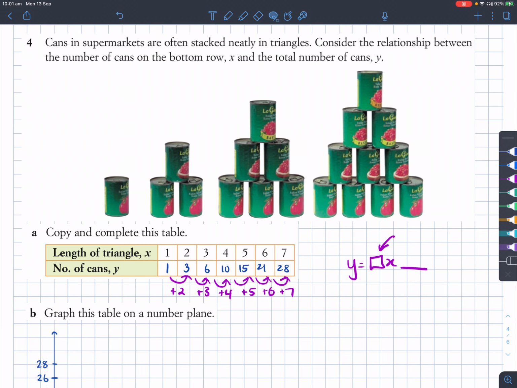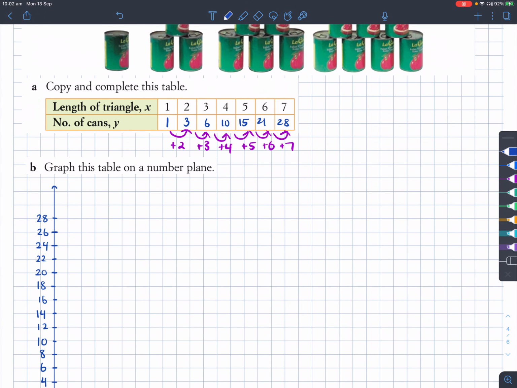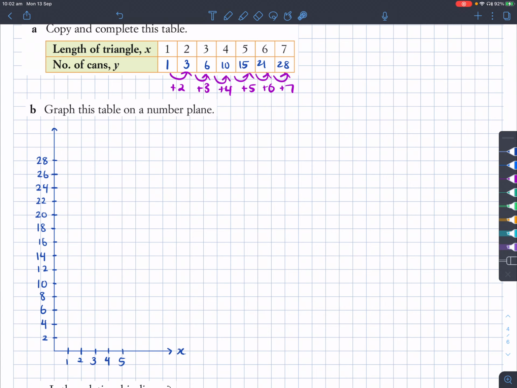All right, so let's have a look at graphing this. If I graph this out, my first set of values of x and y are 1 and 1. On the x-axis, I've gone up by 1, but on the y-axis, I've gone up by 2 just to save space, and it goes all the way up to the number 28.